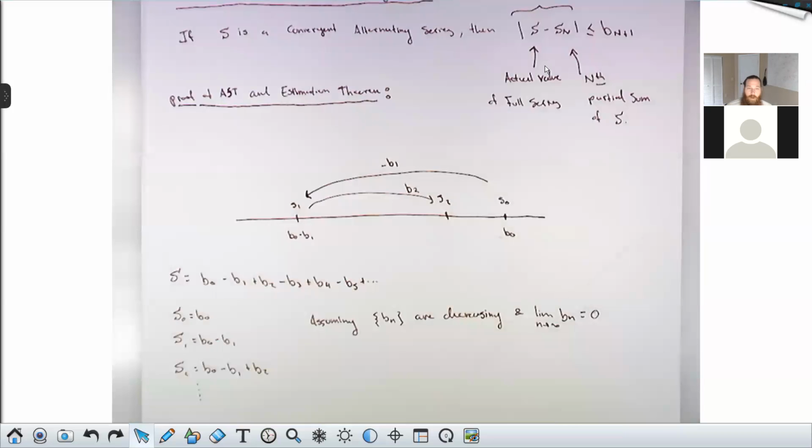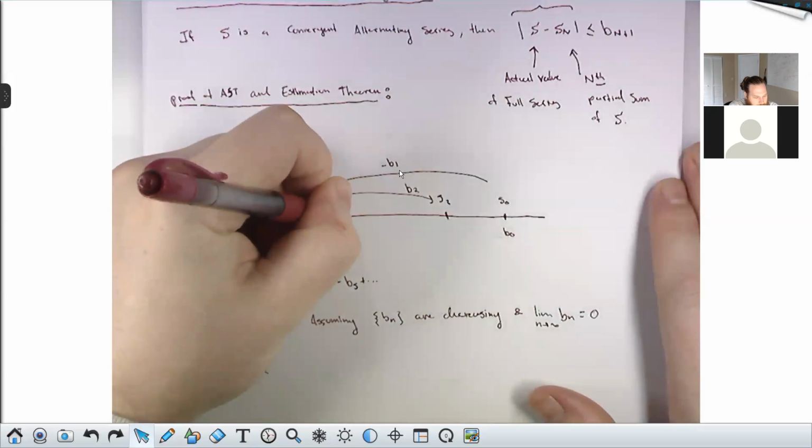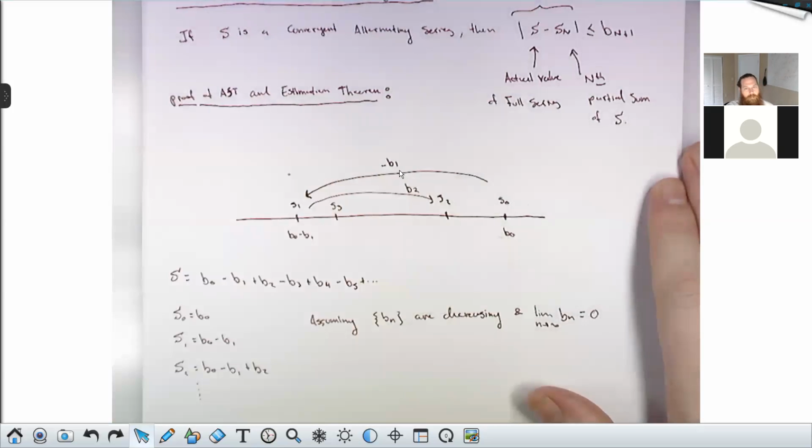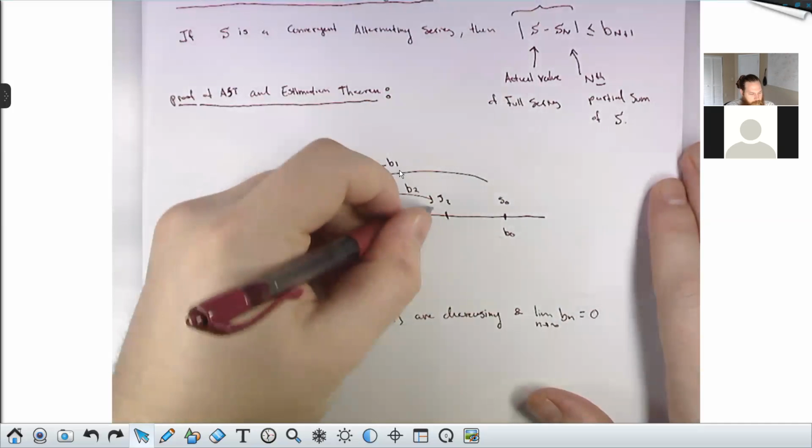But because B2 is smaller than B1, under this hypothesis that the BNs are decreasing, I know that S2 will not be to the right of S0, it must be to the left of S0 over here. Because the amount that I'm coming back to the right is B2, and B2 has to be smaller than B1 because the BNs are decreasing. To get from S2 to S3, I move to the left by B3.